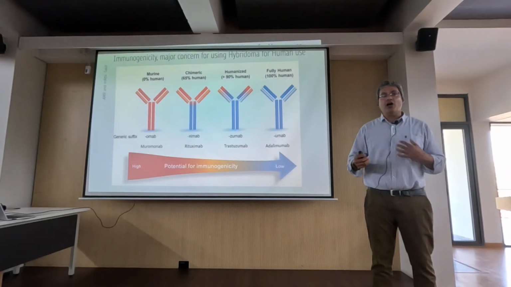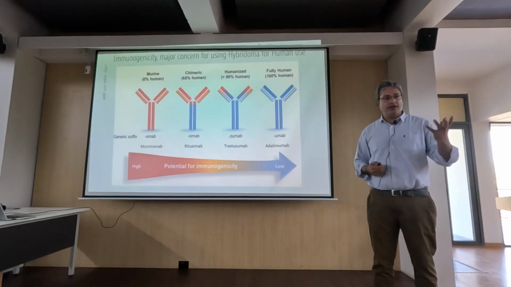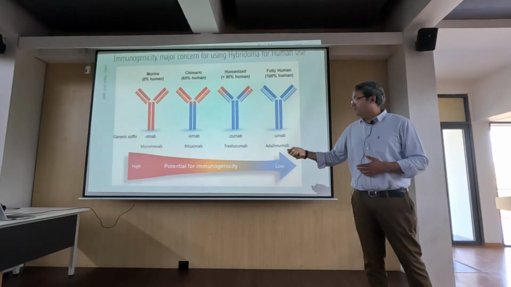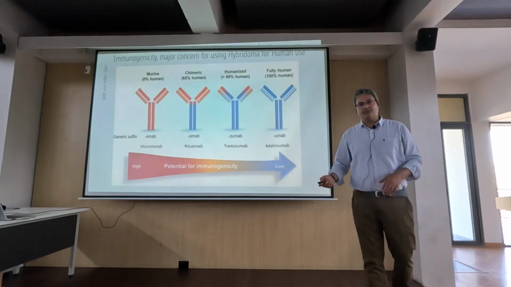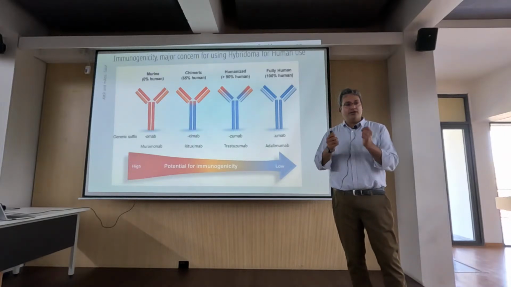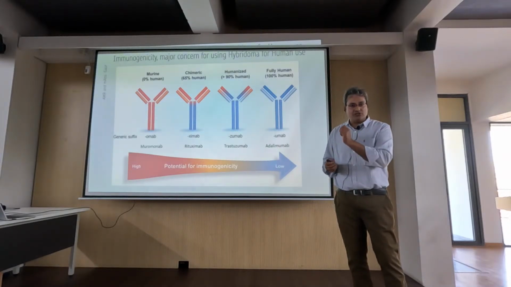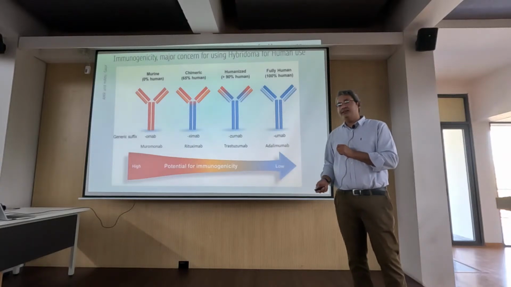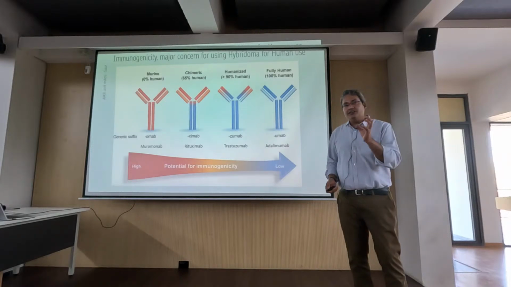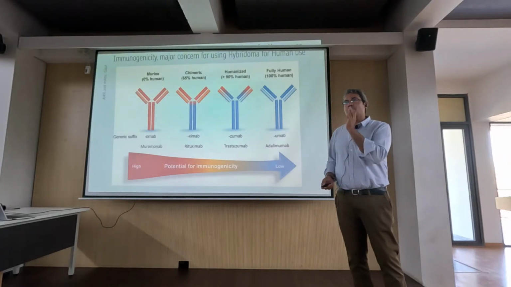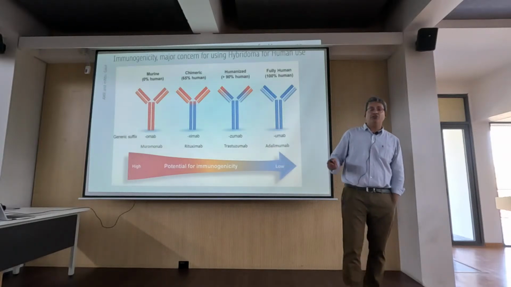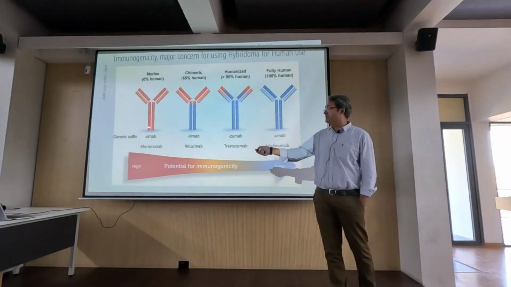And you must have heard about the HAMA response, the human anti-murine antibody response, right? As we also discussed during Dr. Datta's presentation, every species has its own trademarks or signatures. In post-translational modification, certain enzymes or modifications are species specific. So there are certain modifications which are not found in human but are present in murine.